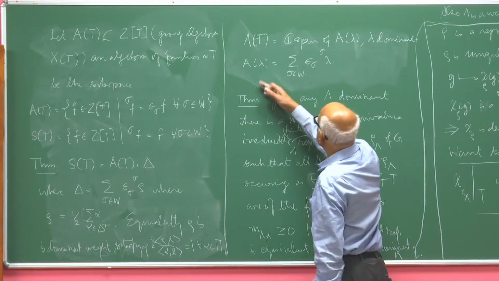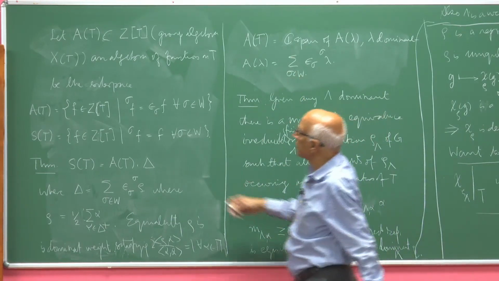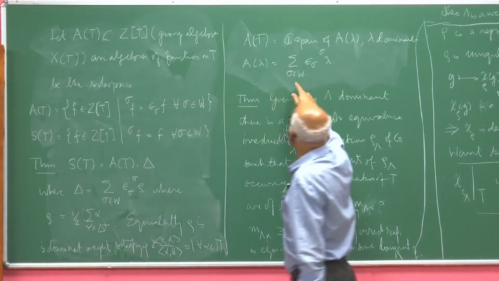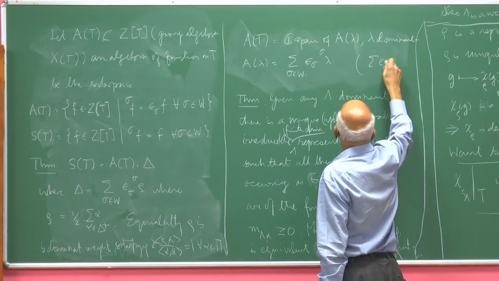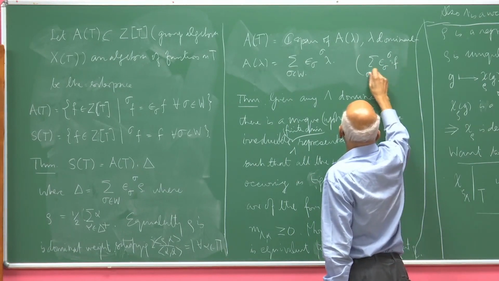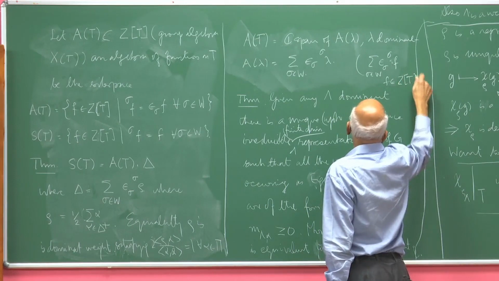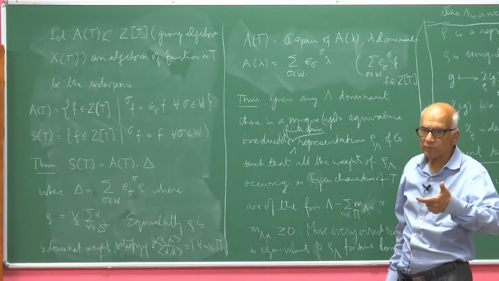So, when you take any element of ZT and do this averaging process, the sum over sigma of epsilon sigma times sigma f, for any f in ZT, then you land in a function which will be alternating with respect to the Weyl group.